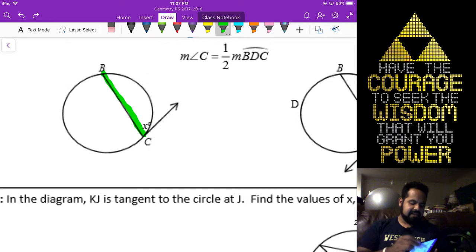Use a different color actually. Got my tangent line, got my chord, and the arc that it's talking about is this arc here. So for this case, x is going to equal 1/2 of the yellow arc.